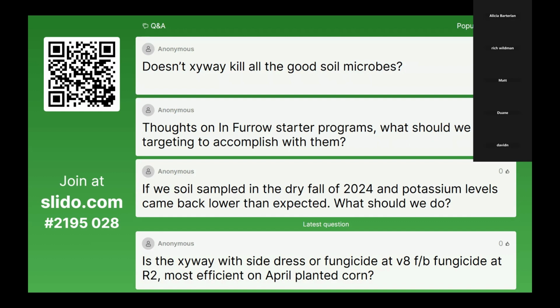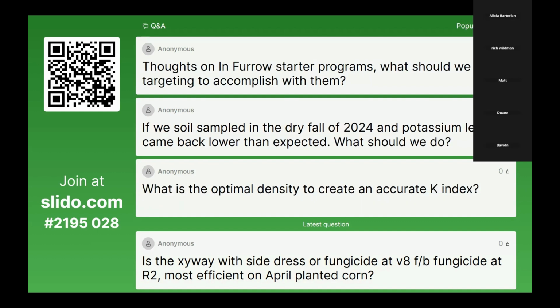All right. What are your thoughts on in-furrow starter programs? What should we be targeting to accomplish? On in-furrow, kind of look, both sides will kind of match the 5 gallon. 5 gallon is kind of a sweet number because we have enough flow to make sure that we have even distribution across the different units.